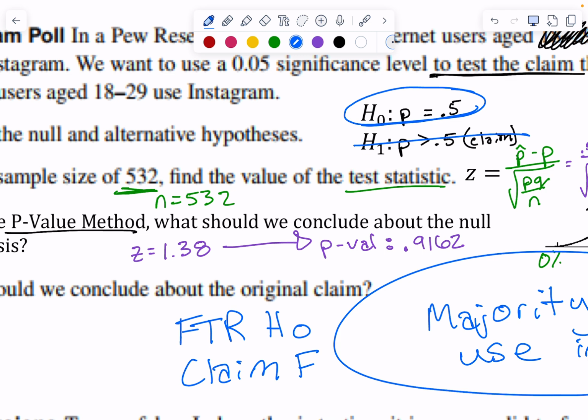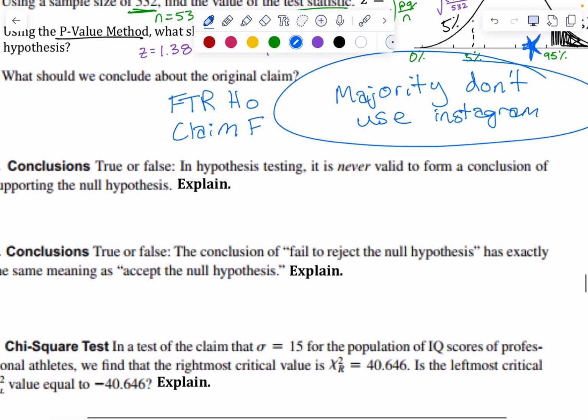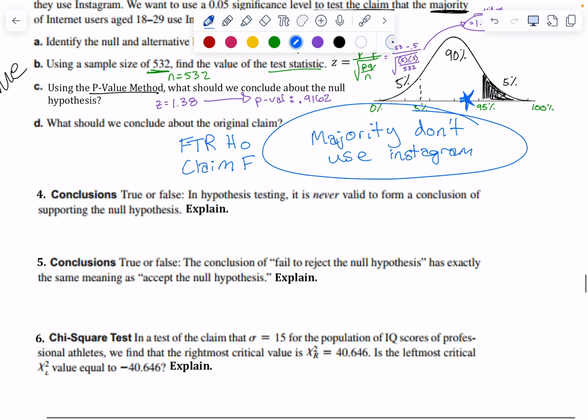Fail to reject, right? That doesn't mean it's 100% true. It's just according to my data, I don't have enough to prove it false at this point. My data supports it right now, but maybe the next set of data won't. So that's what they're asking in question number 4.